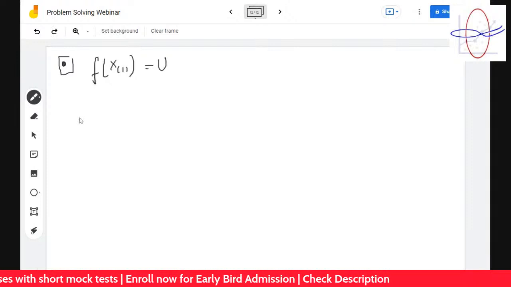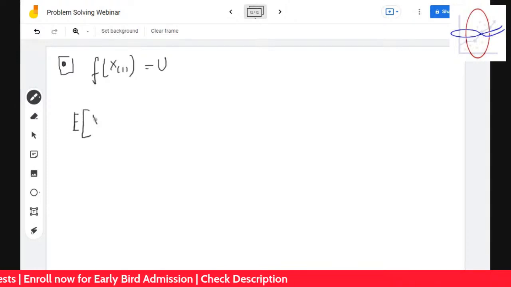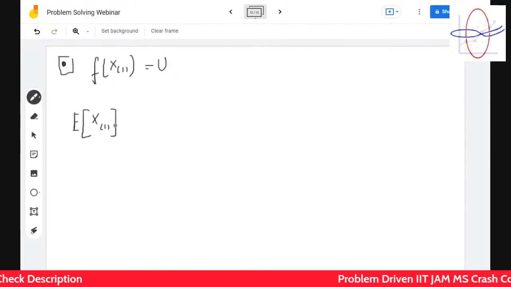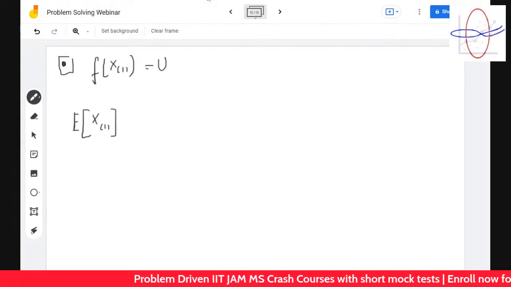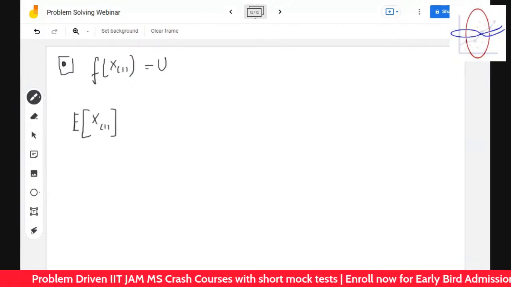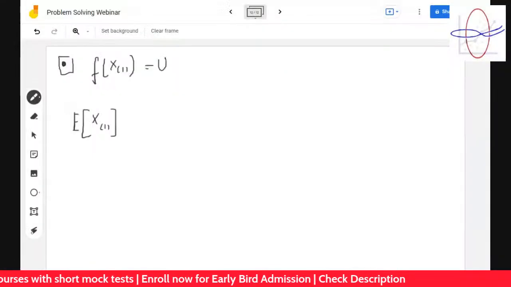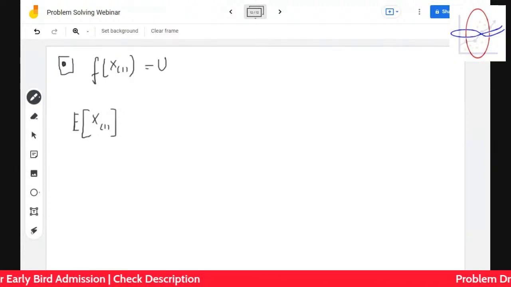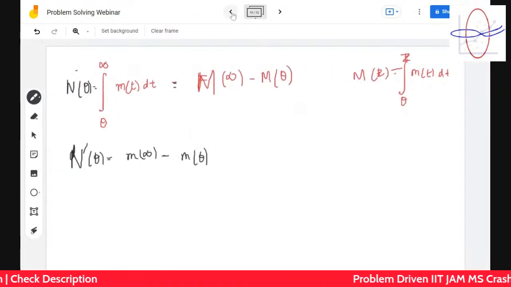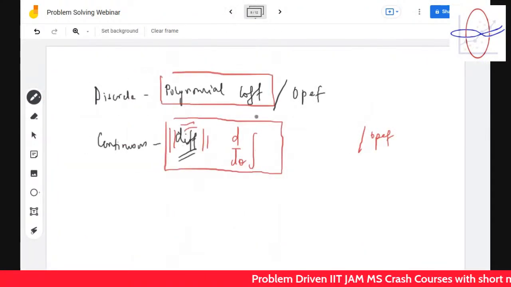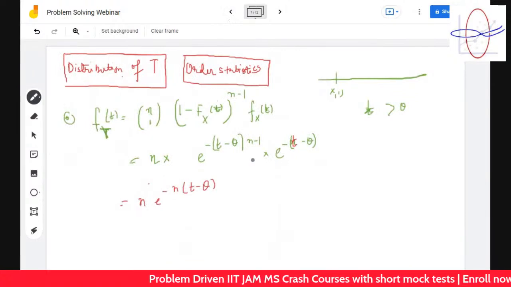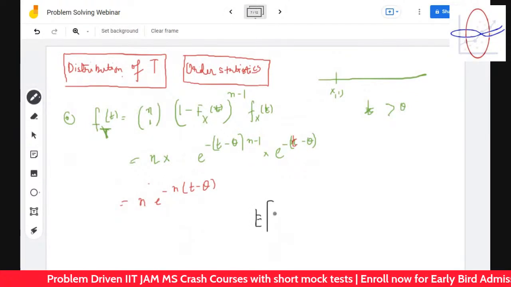We don't know the expectation of x1 yet, so let's find it. It may be easier that way without conditioning. We have already found the distribution of x1, so let's find the expectation of x1.